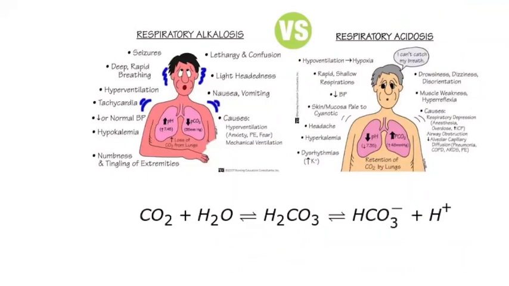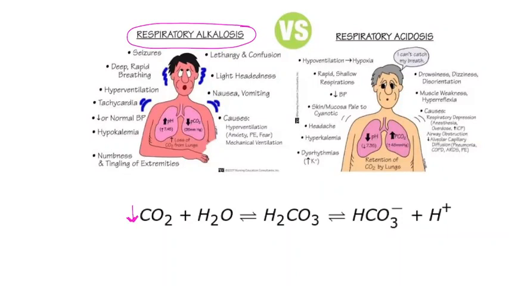And we are going to apply to this buffer system also the concept that we learned, Le Chatelier's principle. So when we have respiratory alkalosis, this is a system in which we have a decreased amount of CO2. So we are removing reactant.